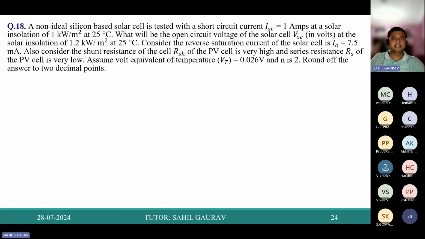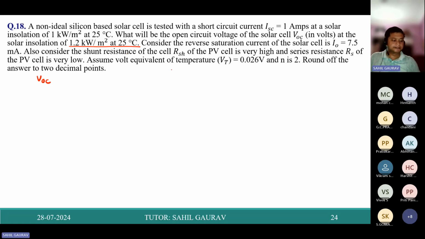So we have to find the open circuit voltage at the solar insolation of 1.2 kilowatt per meter square and at 25 degrees Celsius.